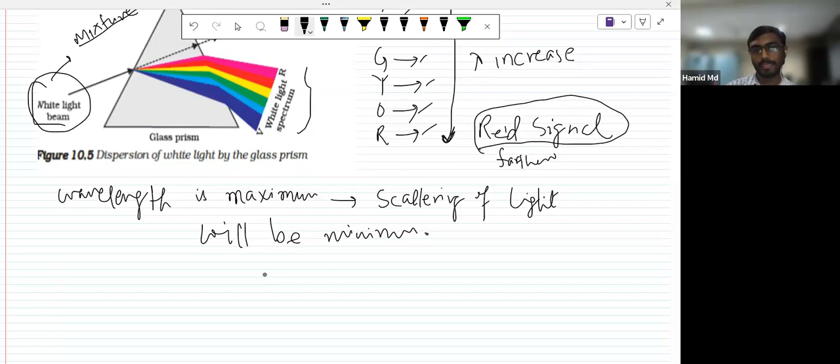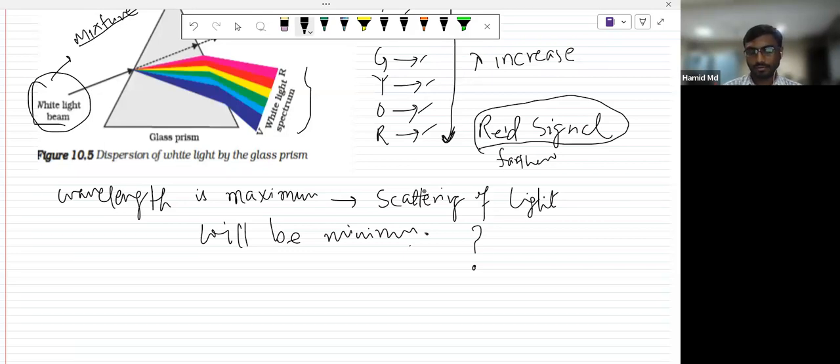Yes, sir. So I asked why does it happen? If wavelength is maximum, the scattering of light will be minimum. What is the meaning of this sentence? What is scattering? Sir, may I?